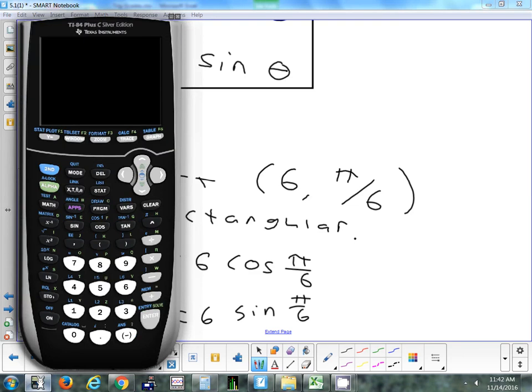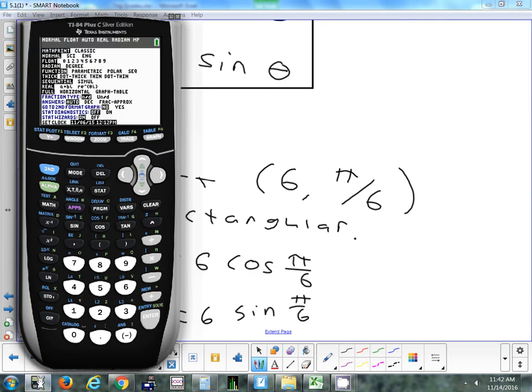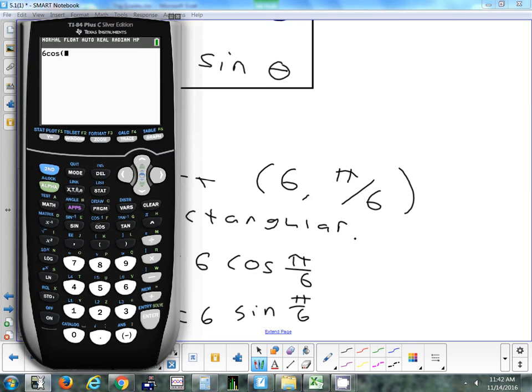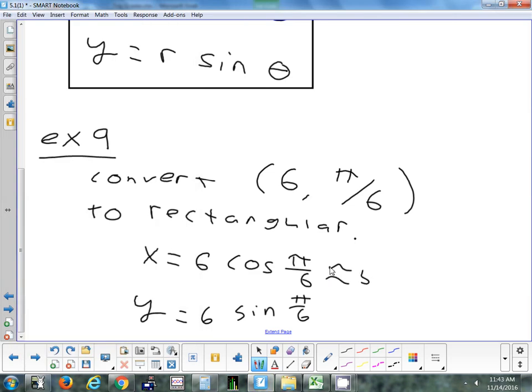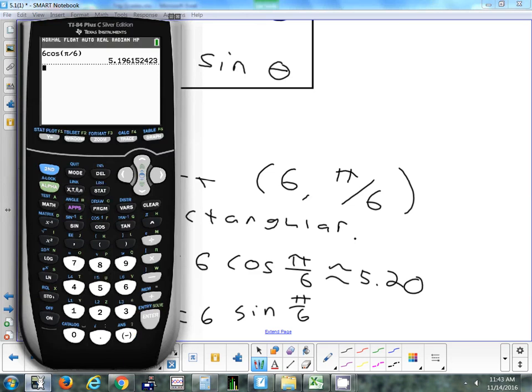Before I type them in, what should I check on my calculator? Yeah, check the mode. I'm already in radians, so that's fine. So 6 cosine pi over 6, and I'm just going to round it to about 5.20. Okay, so x is 5.20.